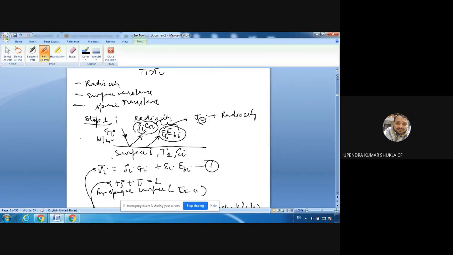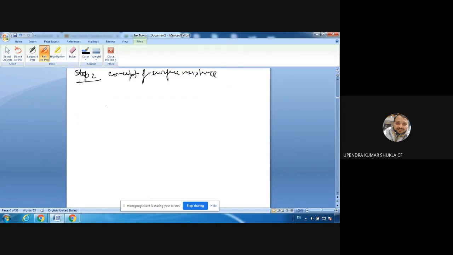This is the surface as shown earlier, and this surface is opaque. Gi is the radiation falling on this surface, rho I Gi is reflected, and epsilon I Ebi is emitted, and both sum up to Ji. This is the same surface I.